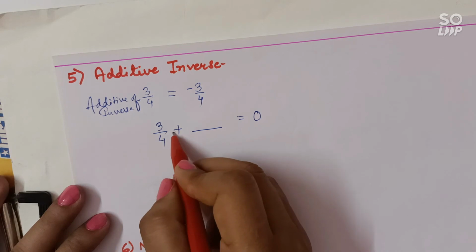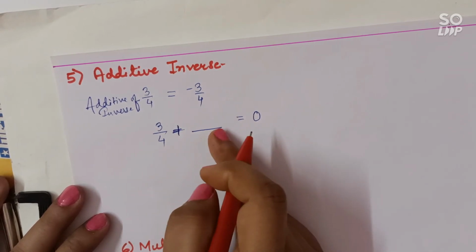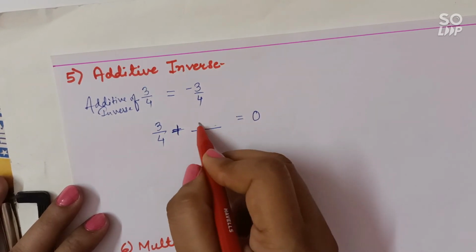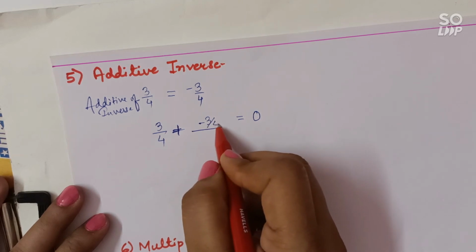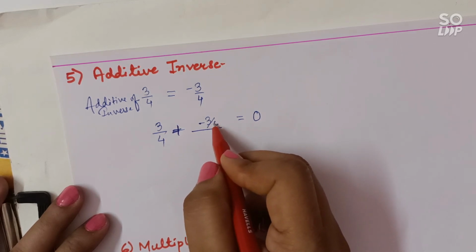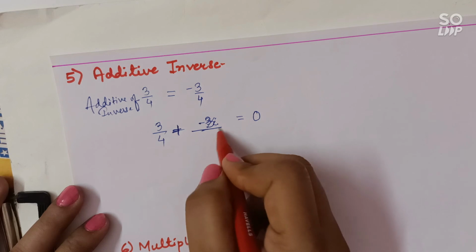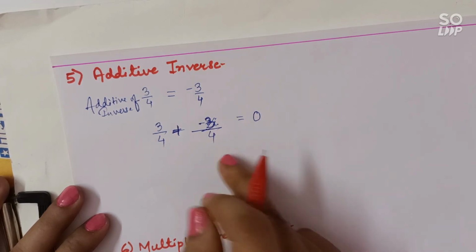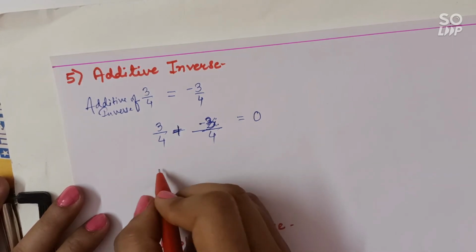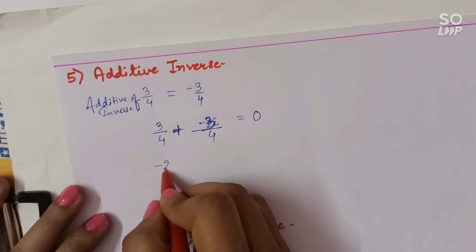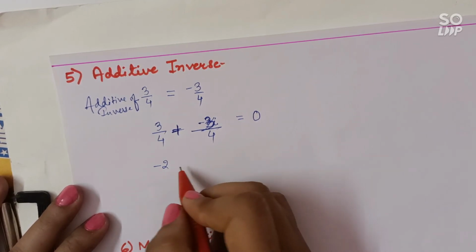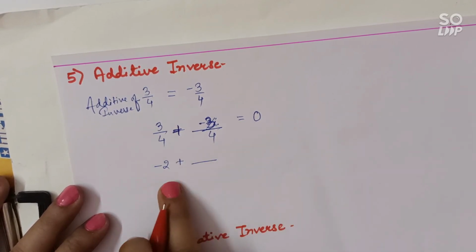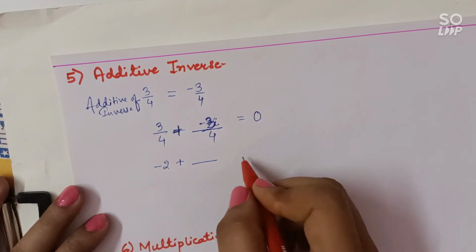Okay, so what I'm going to add? Obviously the negative part of it, if I add minus 3 by 4, I will get 0. If a negative number is given, suppose minus 2, what I'm going to add with minus 2 to get 0?